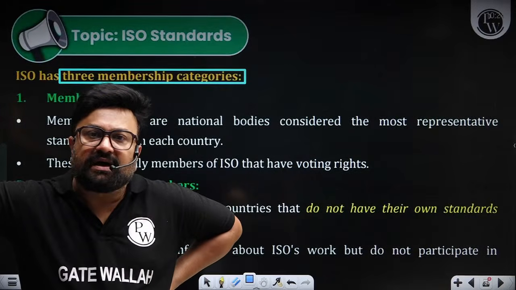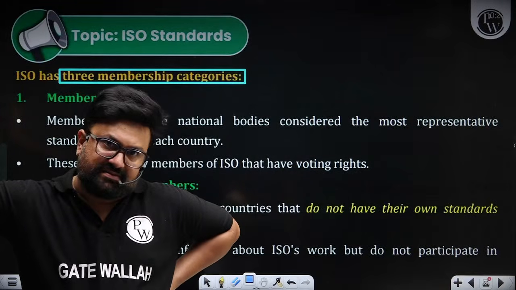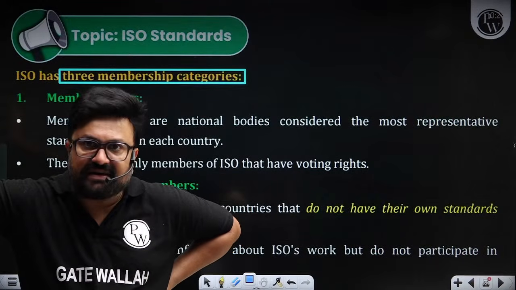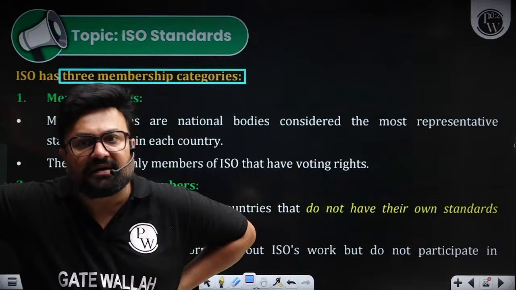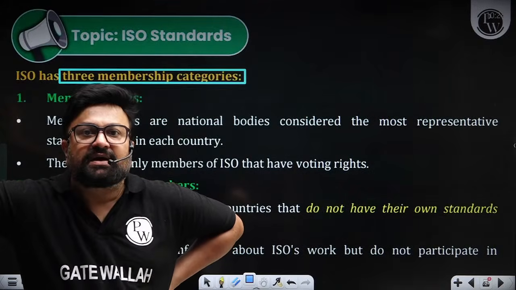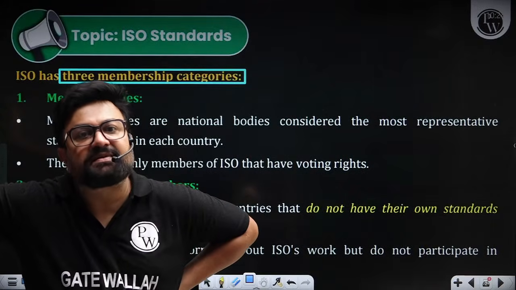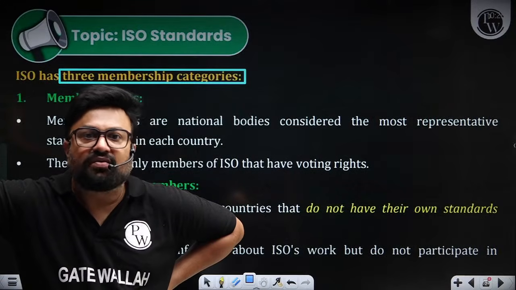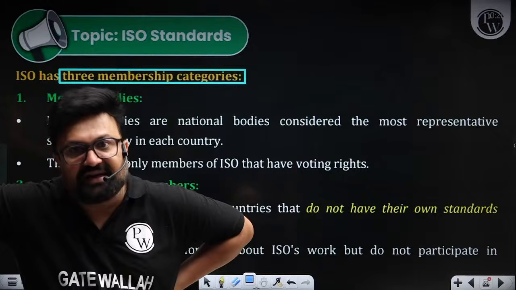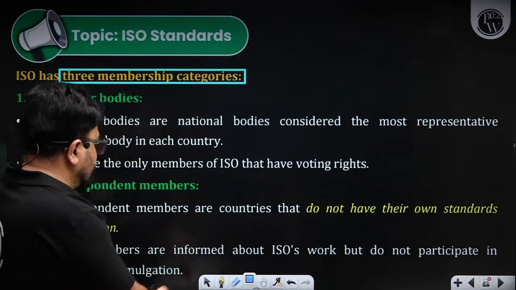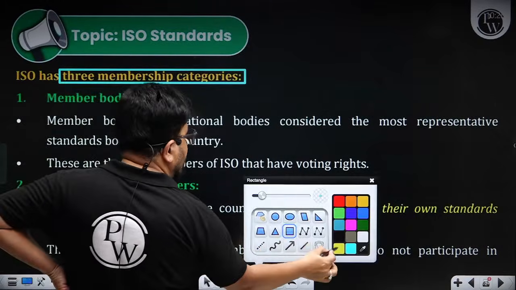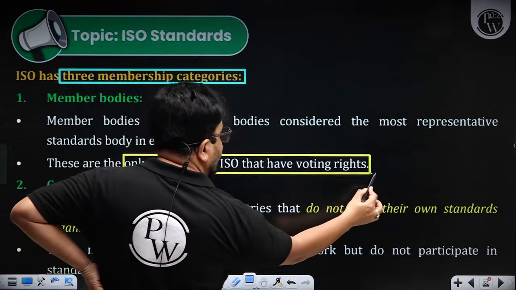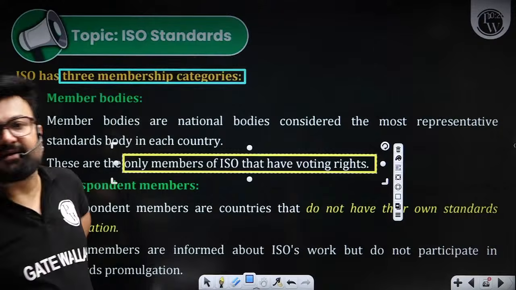Member bodies are national bodies, considered the most representative standard body in each country. They are the only members of ISO that have a voting right. So remember that member bodies are the only members who have the voting right.